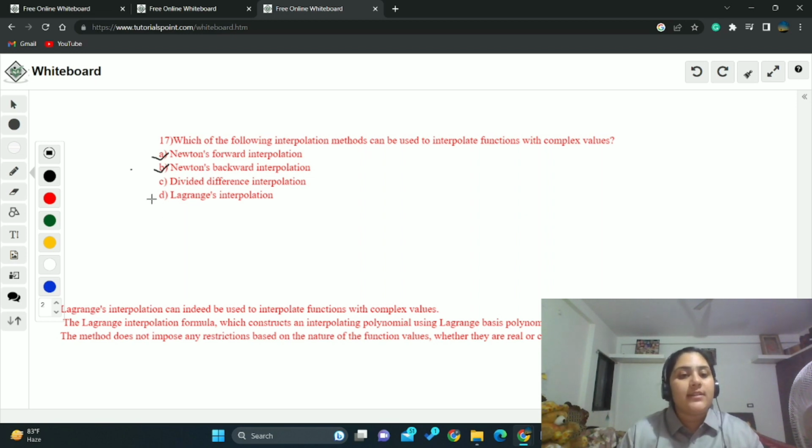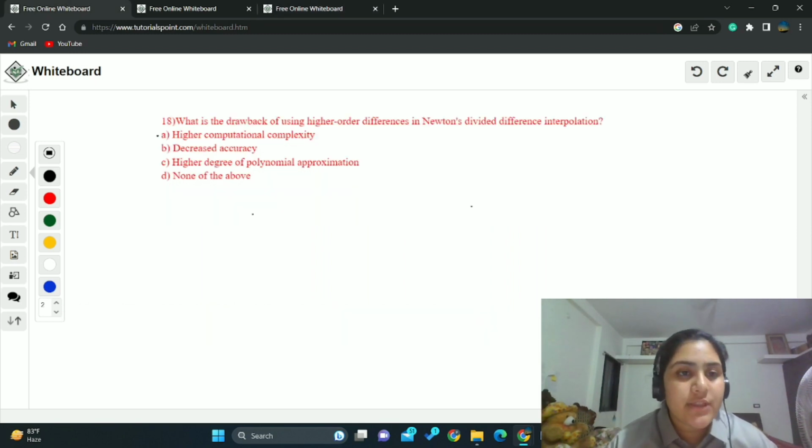In the above three methods they restrict this, but the Lagrange interpolation does not have any restriction on natural functions or real or complex functions. So the correct option would be D, the interpolation method which can be used to interpolate a function with complex values, as it allows real and complex functions also.